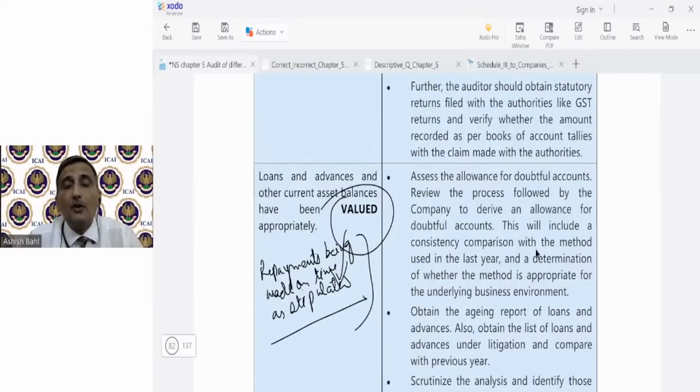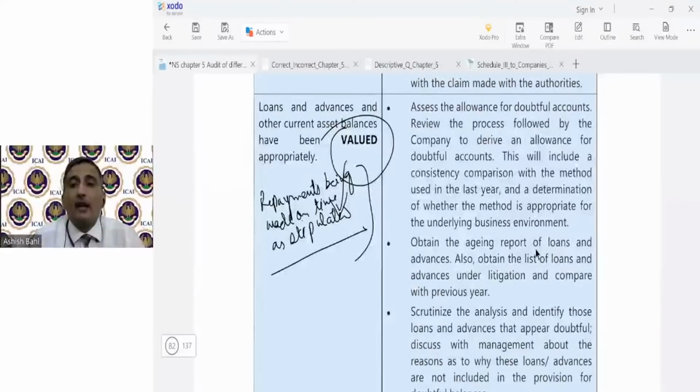And how would you value, like, students, in case of debtors, we were obtaining an aging report. Similarly, in case of loans and advances, here we can also obtain the aging report.